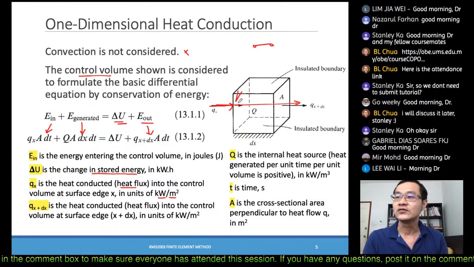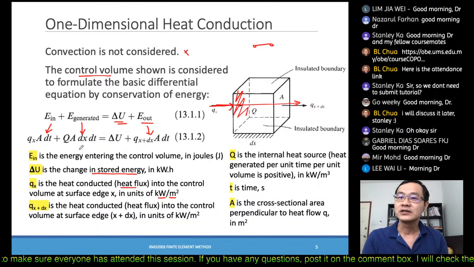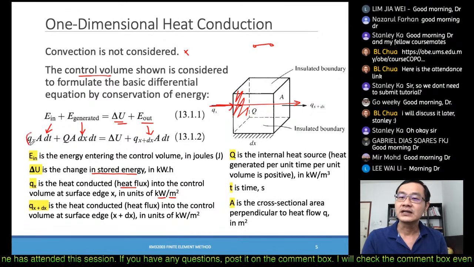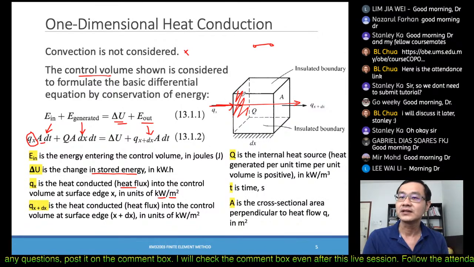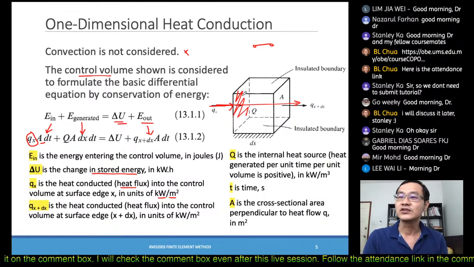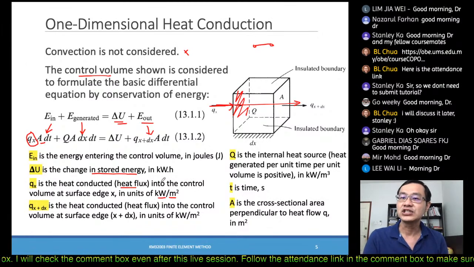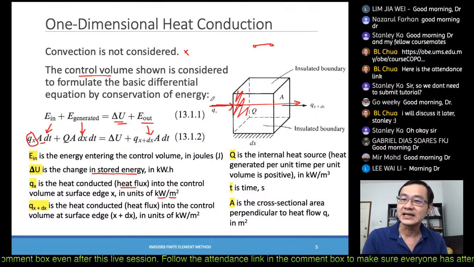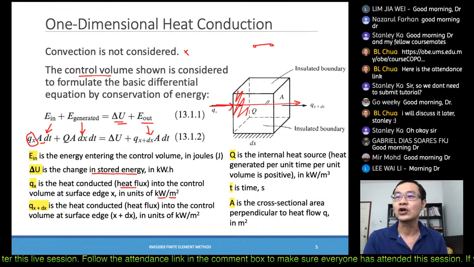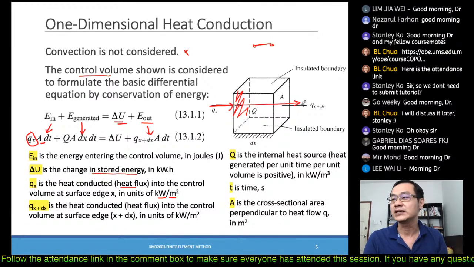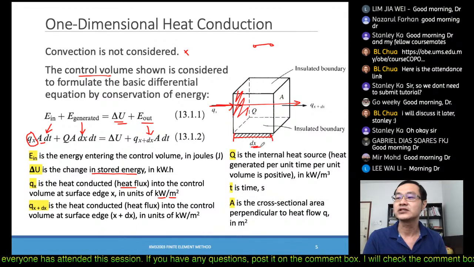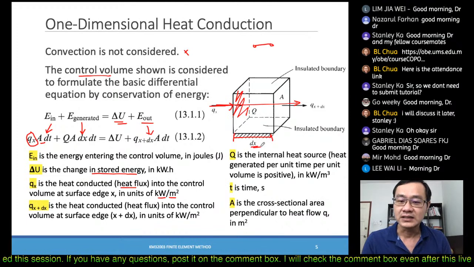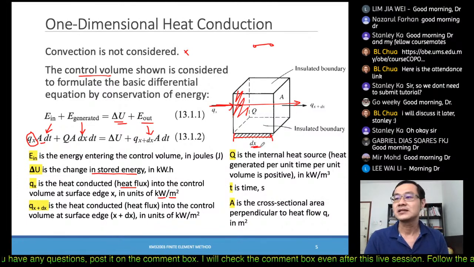So if you have this area, the heat flux multiplied by the area will give you the energy that is being input to the control volume. Similar to the other side, when it goes out, where this distance can be a dx, a very small distance, depending on our mesh size.